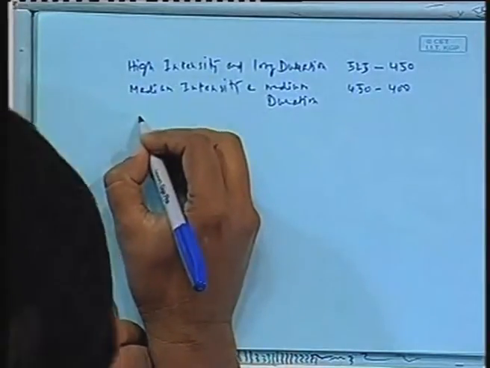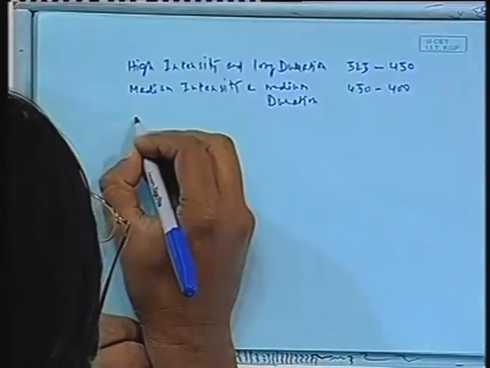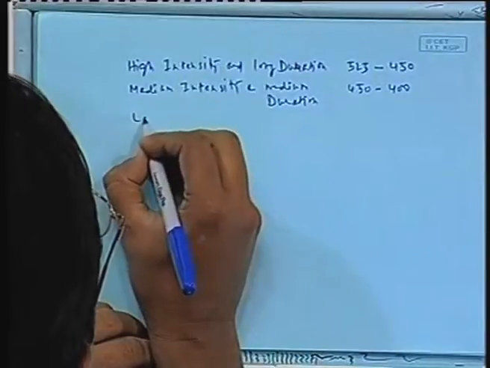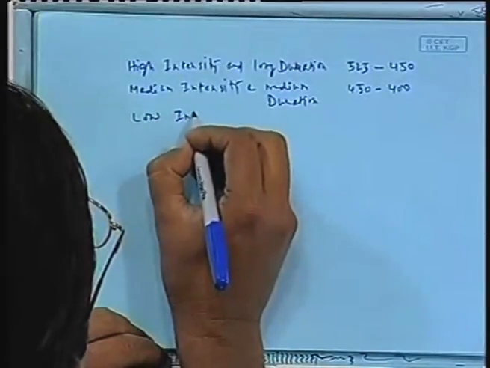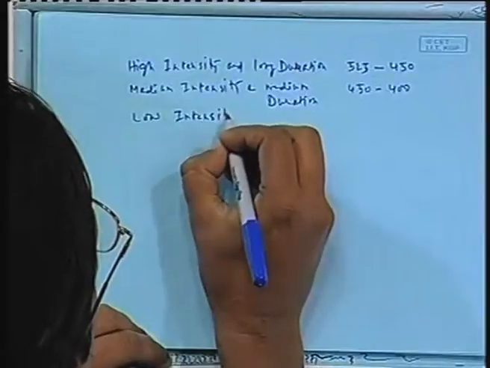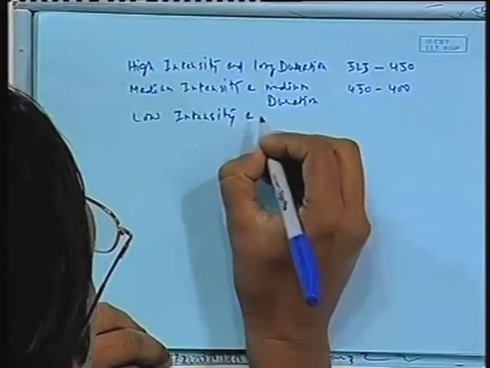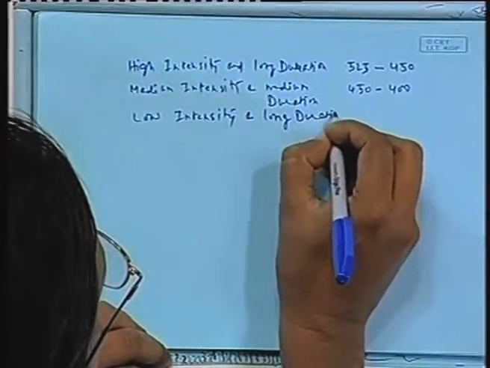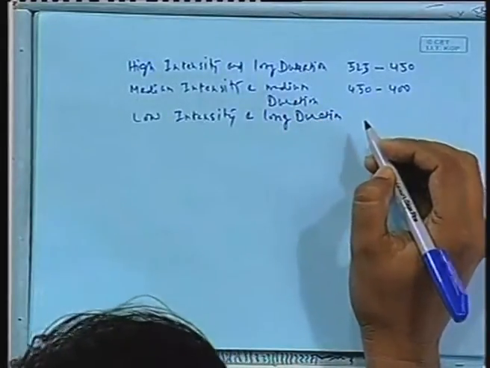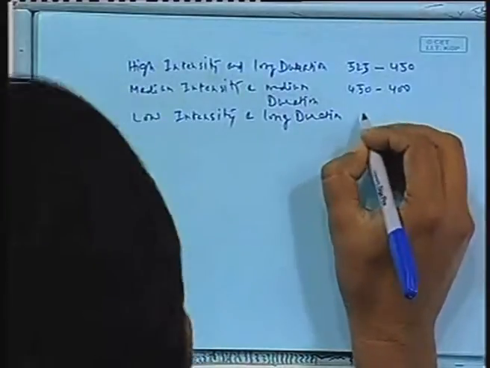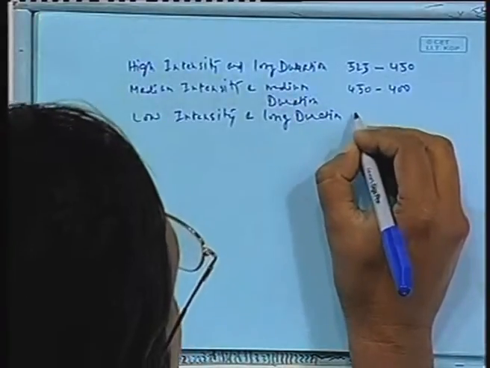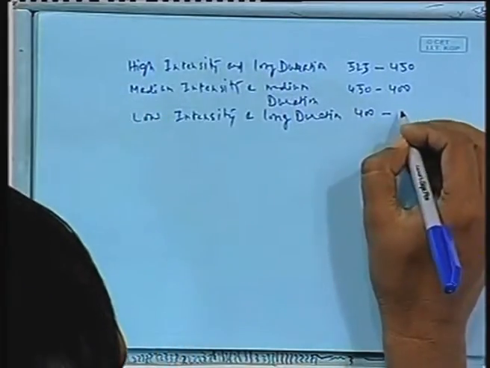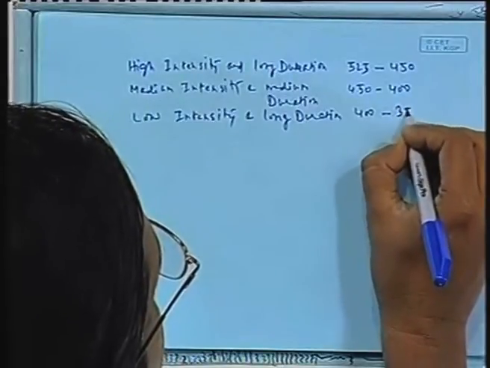Similarly, for low intensity rain but of long duration, we can have it between 400 and 350.